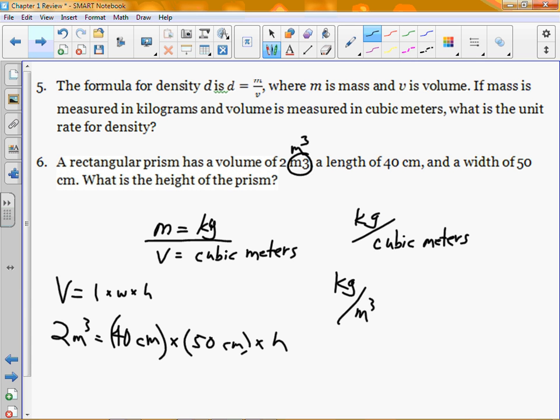So when I multiply 40 times 50 times H, this 2 cubic meters, the first thing we got to do is remember the conversions for metrics. Does anybody remember the conversion steps for metrics? It's kilo, hecta, deca, then meter, liter, gram.